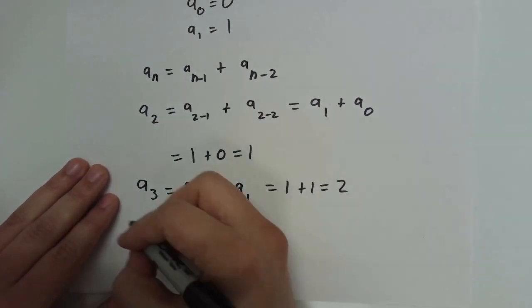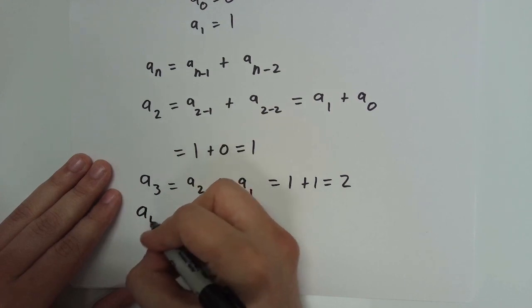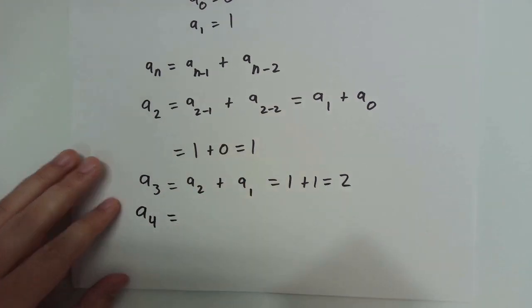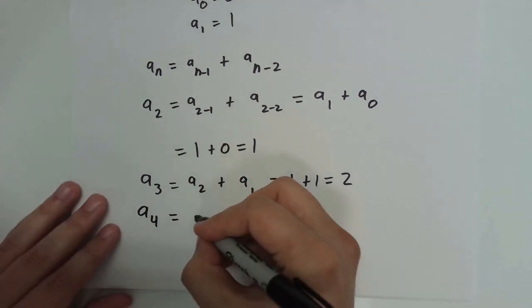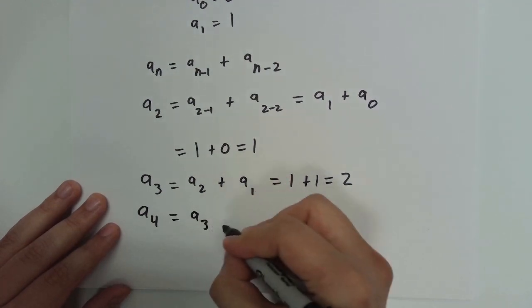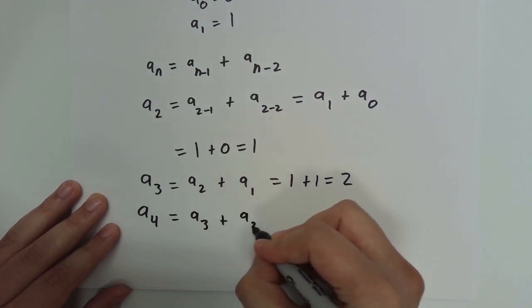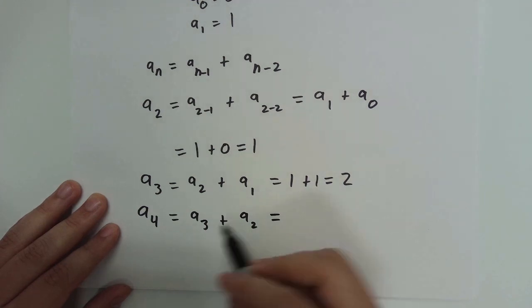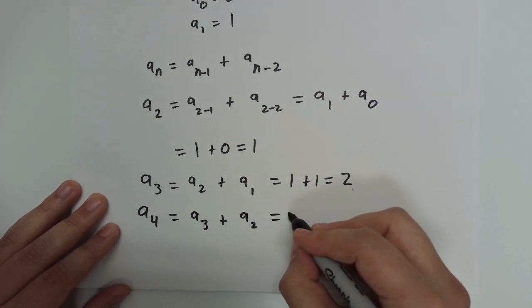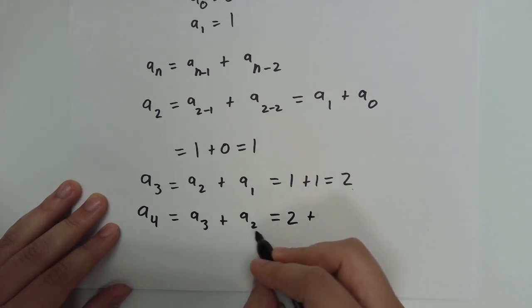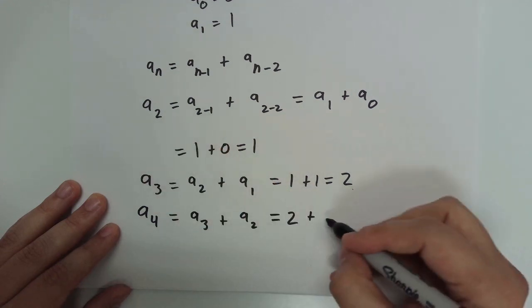Let's do one more. Let's say we have a sub 4. Well, what is a sub 4? That would be a sub 3 plus a sub 2. A sub 3, we just found that. That was 2. And a sub 2, we already found that. It was 1.